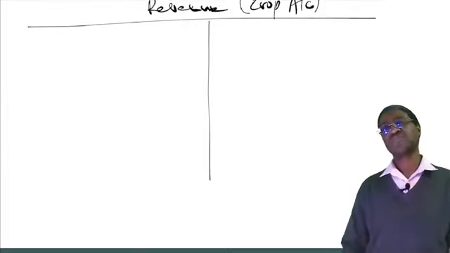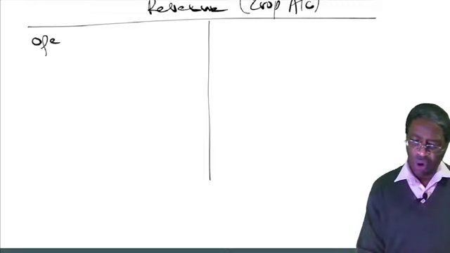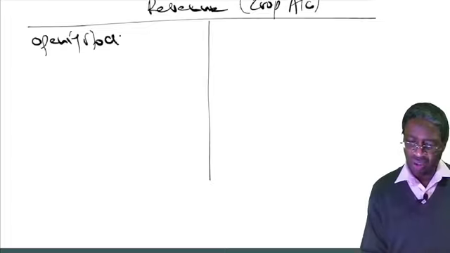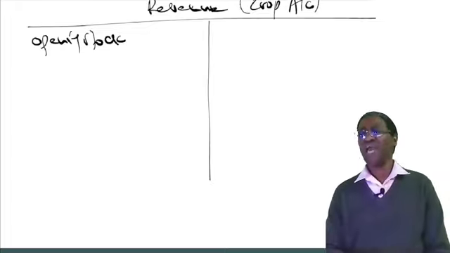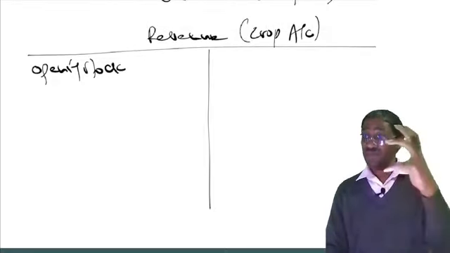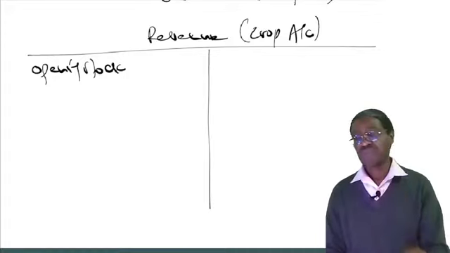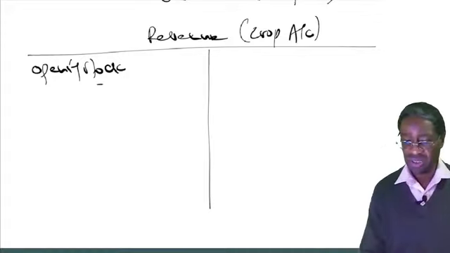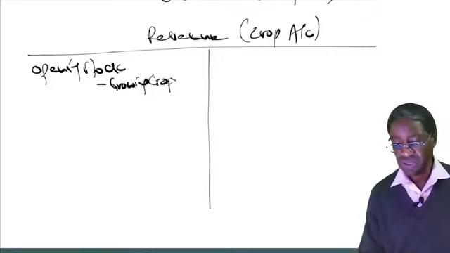Now listen. You will start with the opening stock. What was the opening stock of anything that was there by the beginning relating to crop farming? Could be there was already some growing crop by the beginning of the year in the farm. What was the value of the growing crops? Get the value.